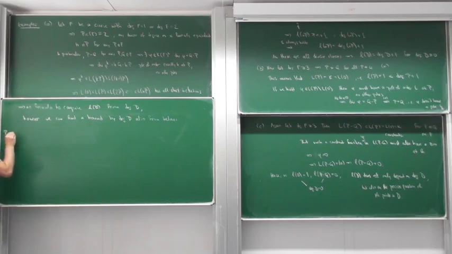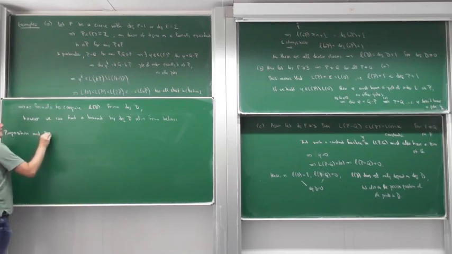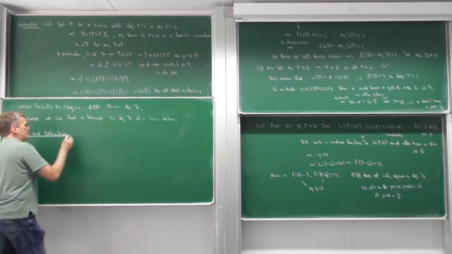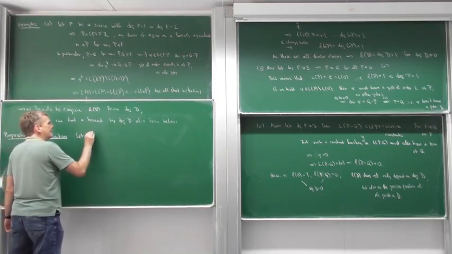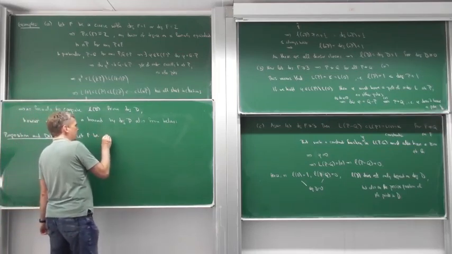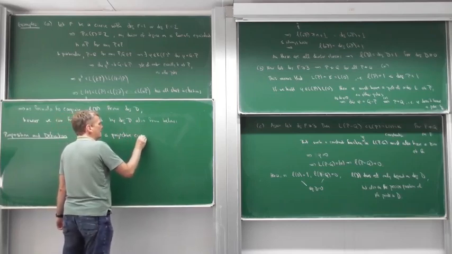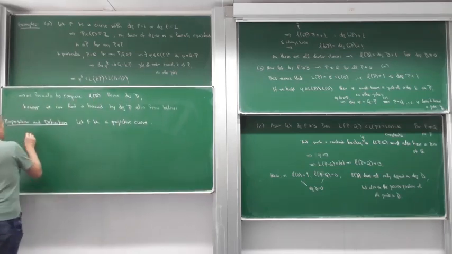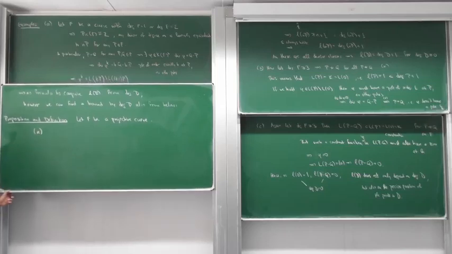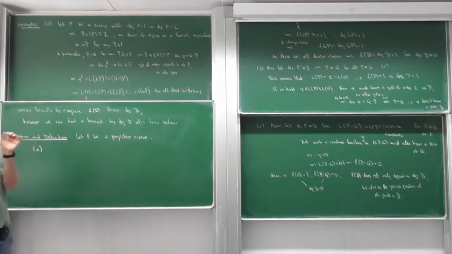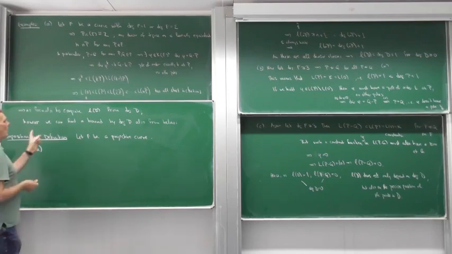So that's a proposition and definition. Again, as before, let F be a smooth projective curve. Then the statement A: there is such a bound, namely there is a smallest constant that we can subtract, which will be a lower bound for all these l of D, no matter what the divisor is.